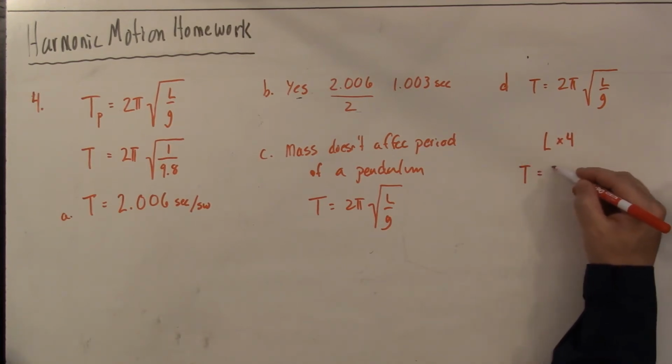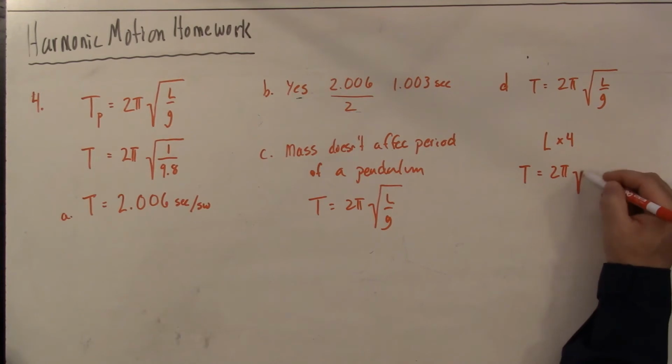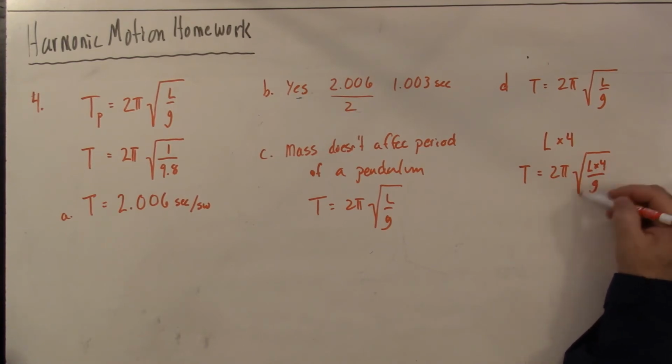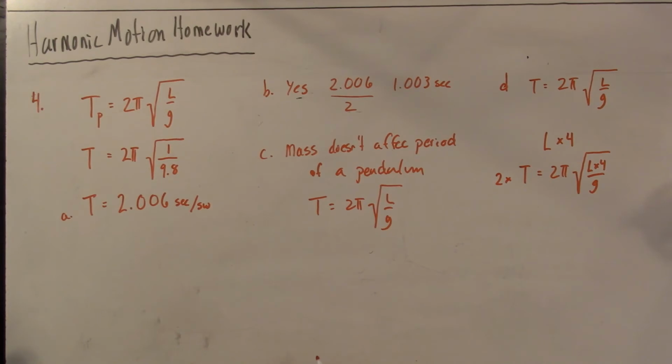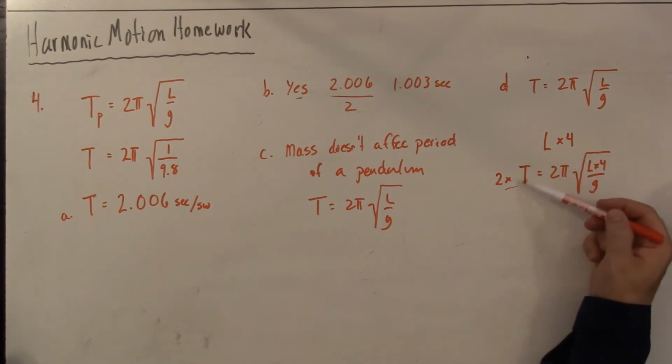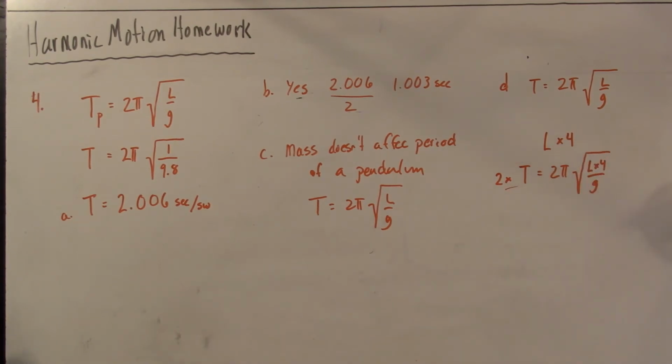Because if I do L times 4 here, well 4 is underneath the square root, this will give me 2 times the period. So the answer is, if I want to get the period to double, I need to increase the length by a factor of 4. That is an assessment question if I've ever heard one.